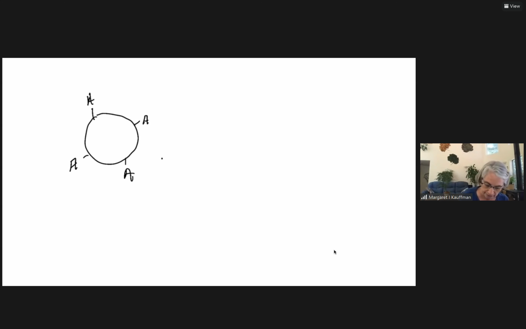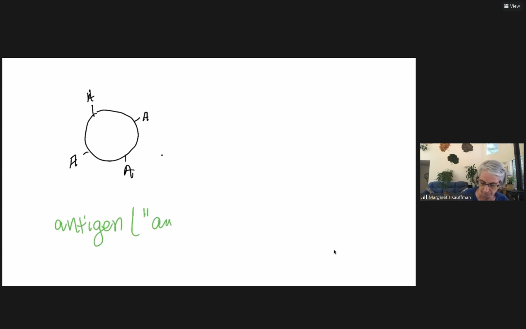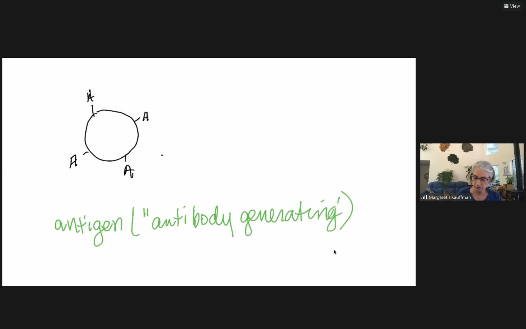So the word antigen means antibody generating. That's where it came from. So that's how you get antigen.